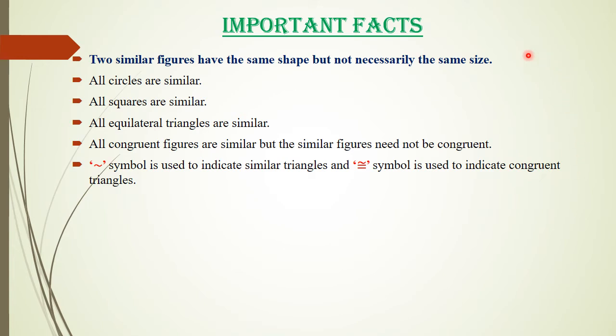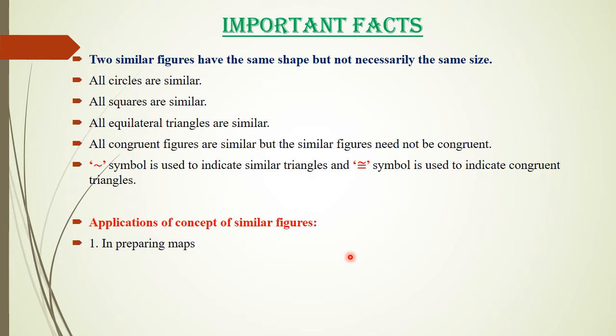Now let us understand where we are going to use the concept of similarity in our day-to-day life. First one is in preparing maps. You might have seen various maps like map of India, map of our state Karnataka, and other different maps of different areas. Maps are prepared as it looks on the ground, but with a proper scale.